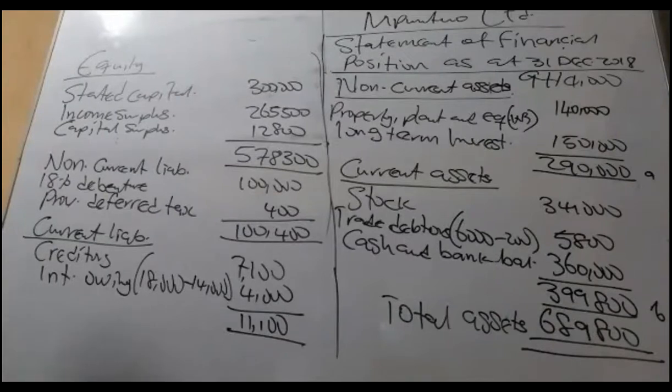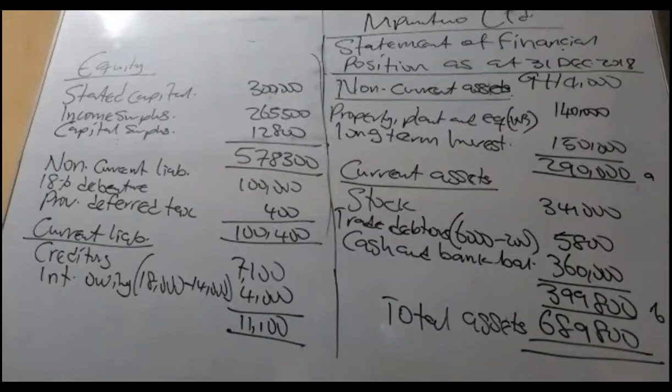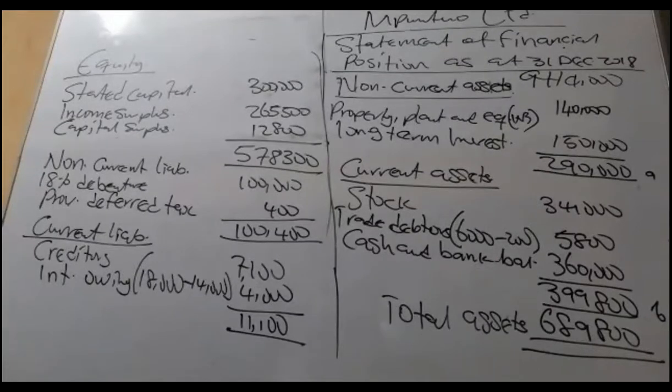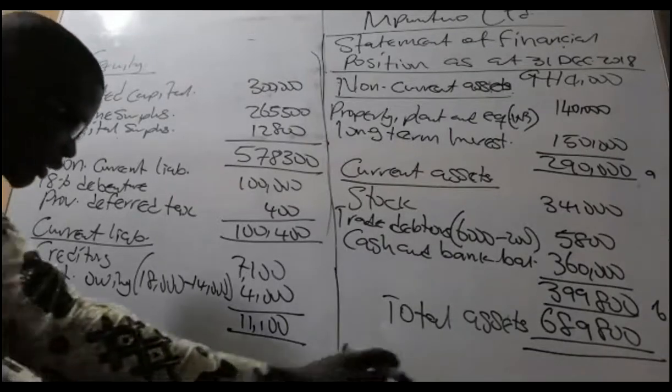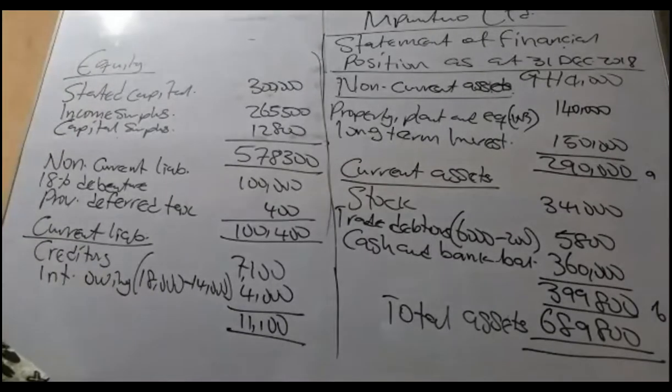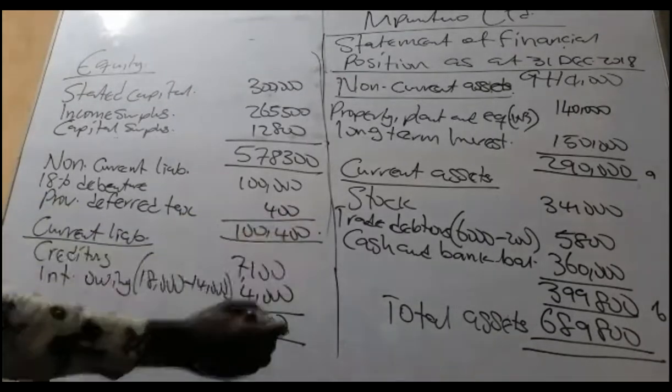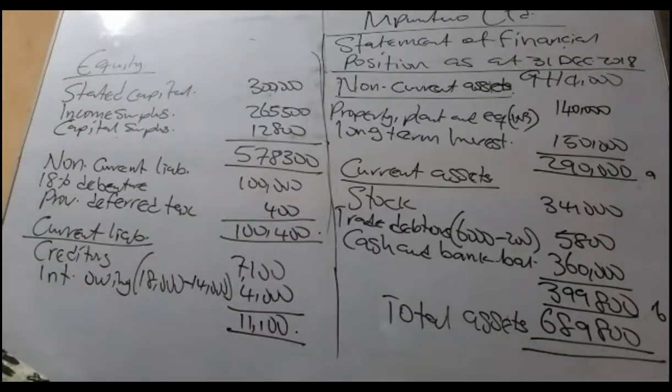So first, you have to get a total liability, but that one is optional. Good. So you get a total liability. Total liability will be non-current plus current. Good.